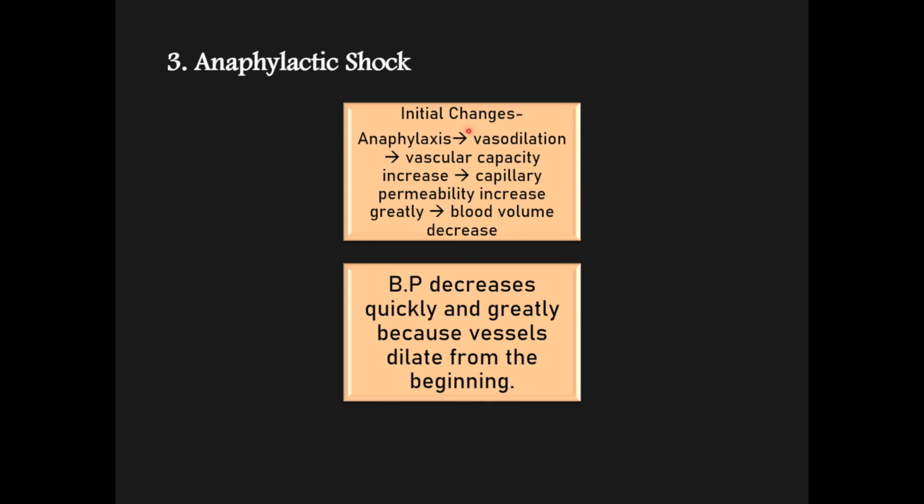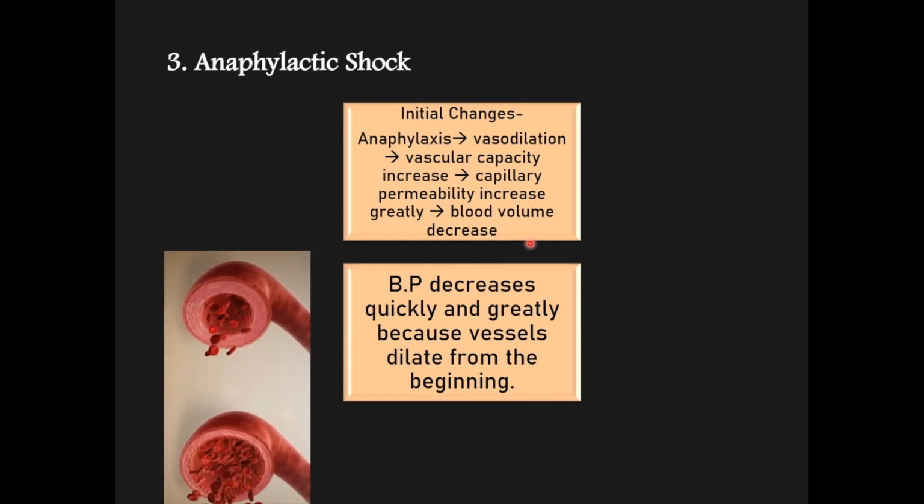So vasodilation and decreased blood volume expedites the decrease in BP or blood pressure. Blood pressure in this case decreases quickly and rapidly because vessels start to dilate from the beginning, and the edema expedites the decrease in blood pressure.